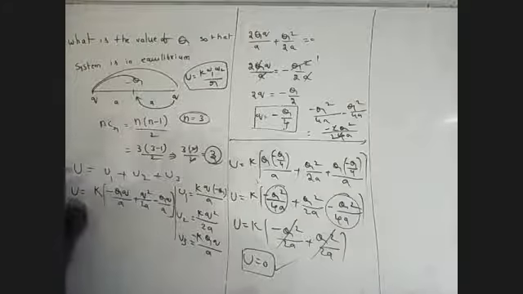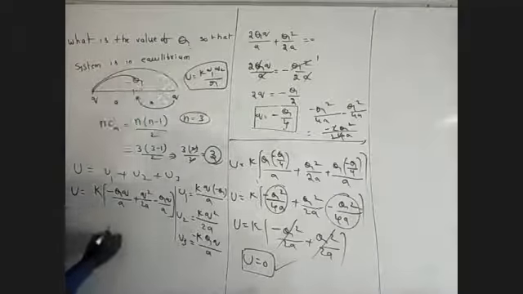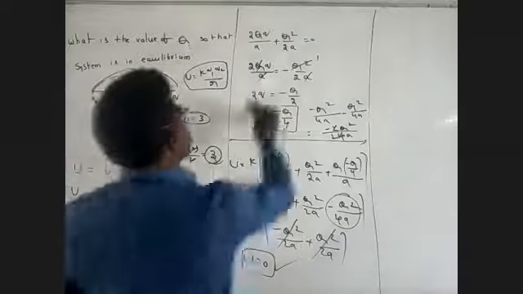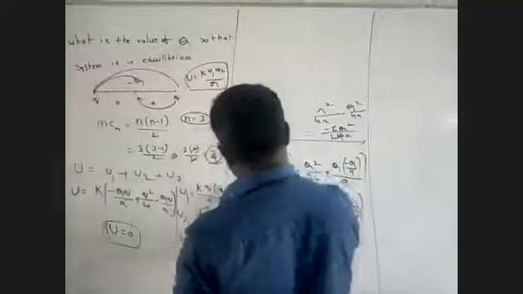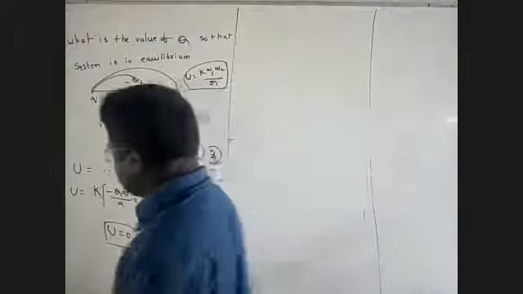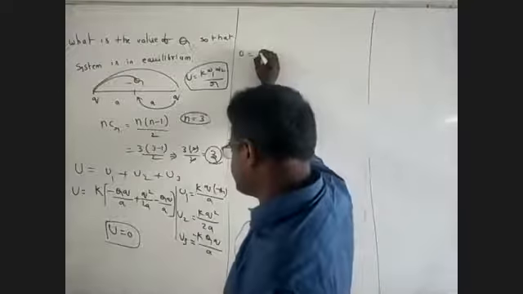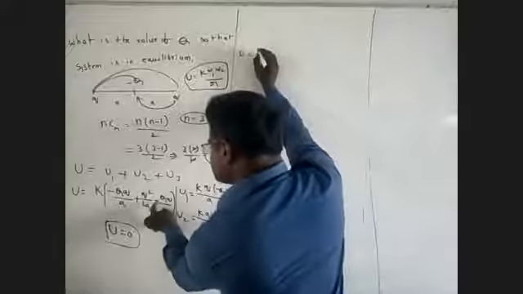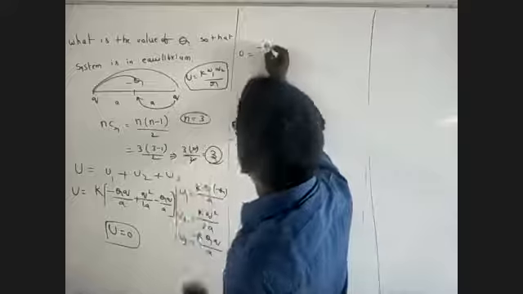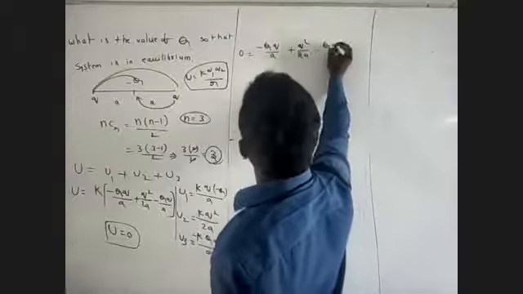So the system is in equilibrium. System in equilibrium means U should be 0. So U is equal to 0. Taking K, 0 is equal to minus capital Q small q by a plus Q square by 2a minus capital Q small q by a.